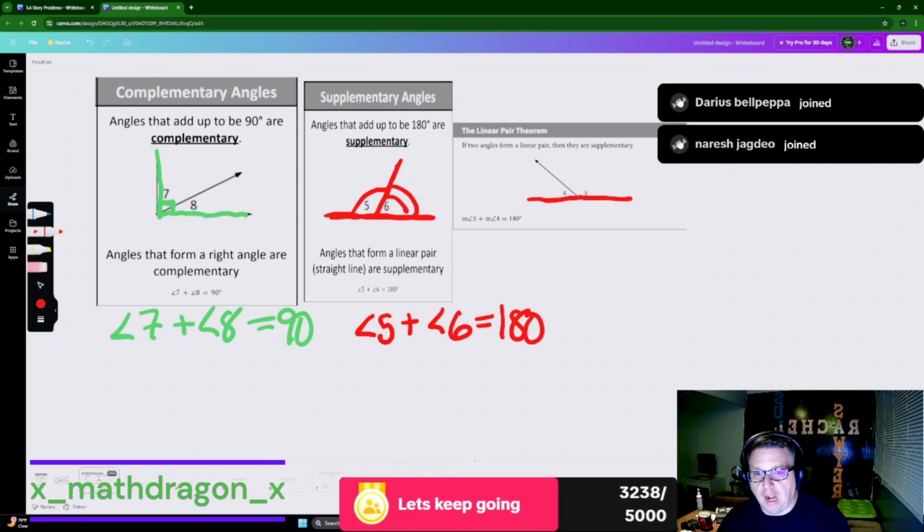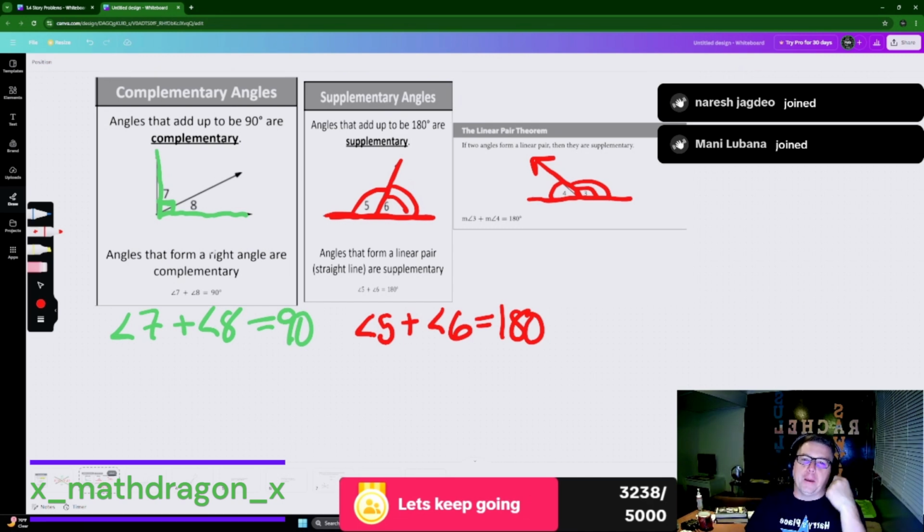This supplementary idea is also paired with what we call the linear pair postulate, or linear pair theorem, sorry. It's when two angles are side by side with each other. That means the two angles, when we put them together, will form that straight line of 180 degrees.